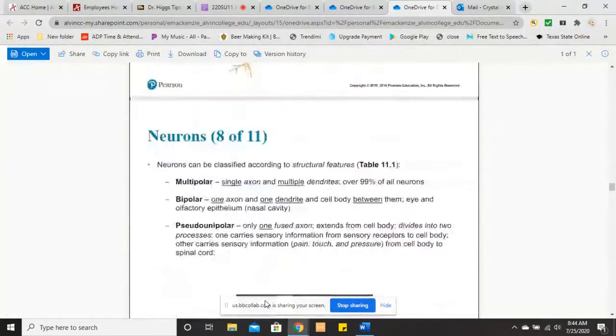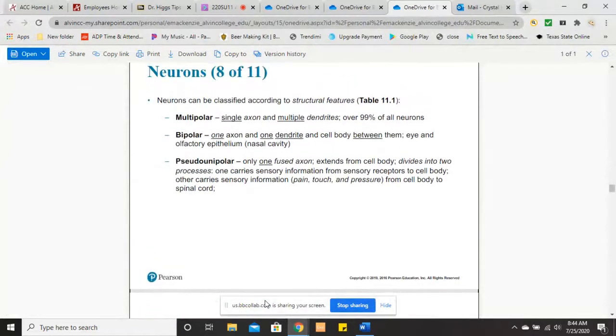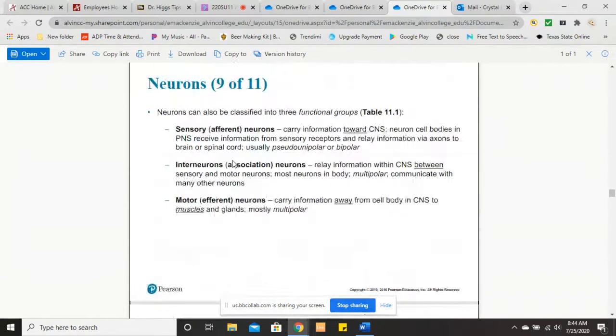Let's go look at them. First up are the three structural classes: multipolar neurons, bipolar neurons, and pseudo-unipolar neurons. If you use another textbook, they sometimes call the pseudo-unipolar neurons unipolar neurons, just in case you use a different textbook. And then there are the functional classes, also three of them.